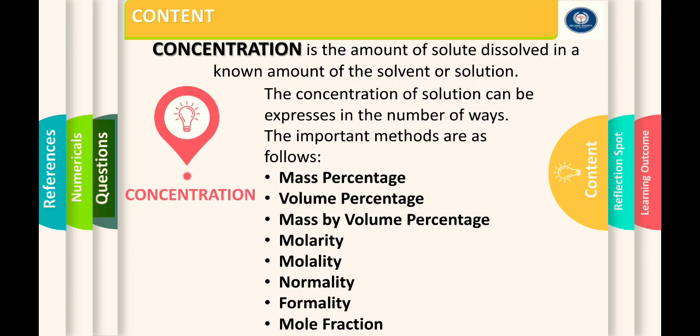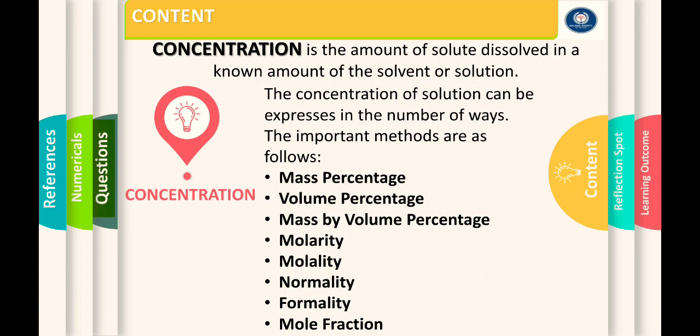We can calculate the concentration of a solution by various methods. We always discuss a solution being diluted or concentrated. Actually, this is a qualitative way of expressing the concentration of a solution.